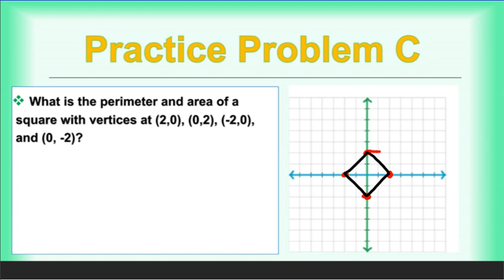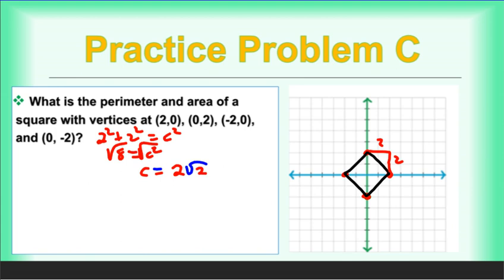So 1, 2, 1, 2, so 2 by 2. So 2 squared plus 2 squared equals c squared. 4 plus 4 is 8. Find the square roots. C would have to equal 2 square root of 2.